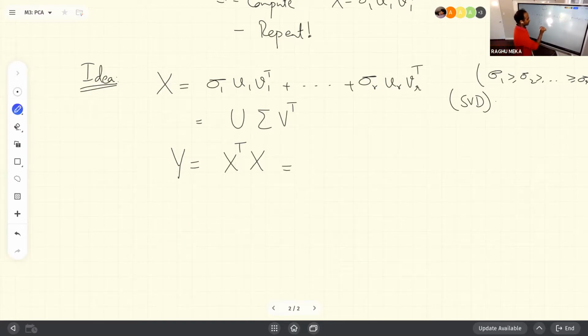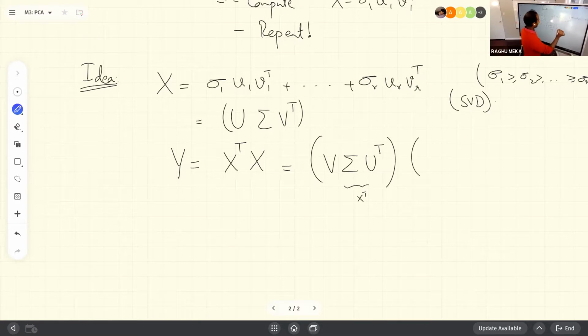So what is X transpose X? My claim is that when I look at this big matrix X transpose X, something very nice happens. Let's work through it. I have to take the transpose of this, so I get V sigma U transpose, which is X transpose, and X is U sigma V transpose. Does this simplify in any way?